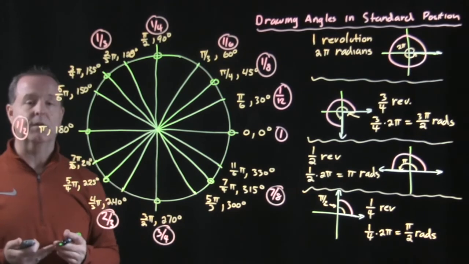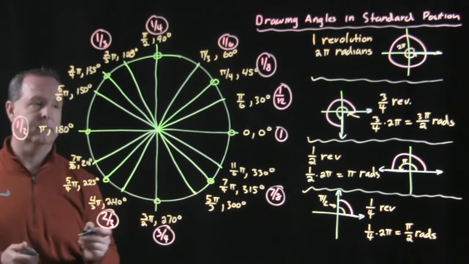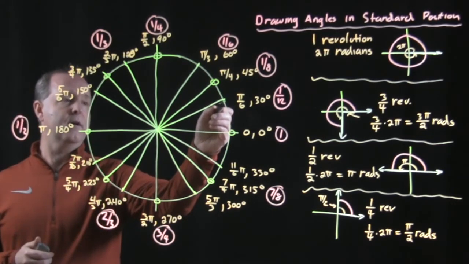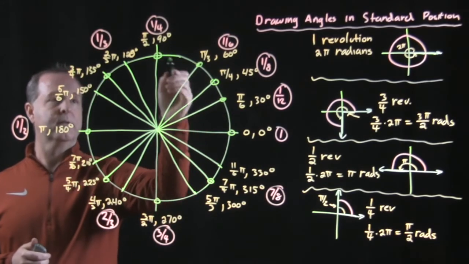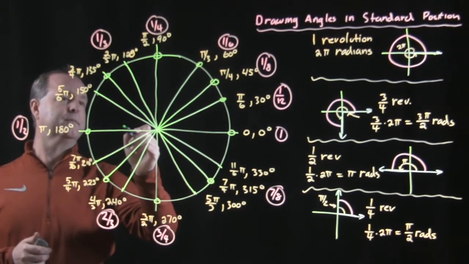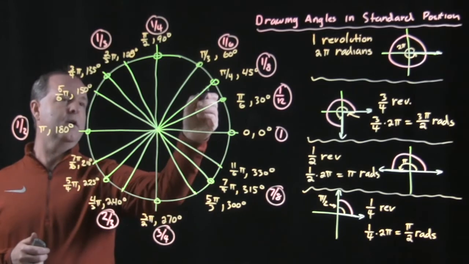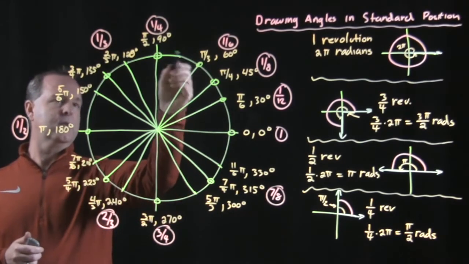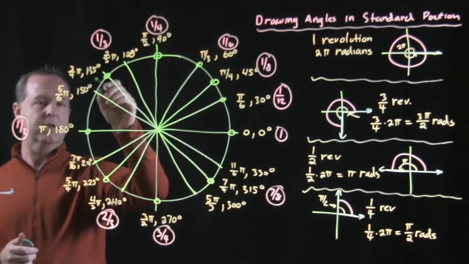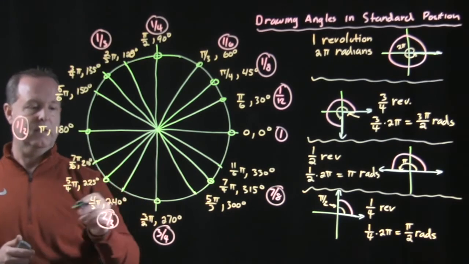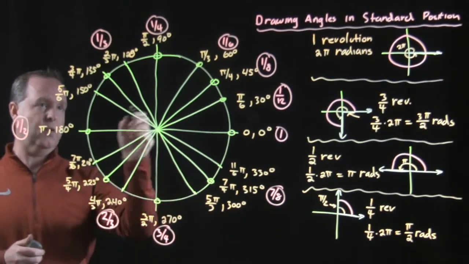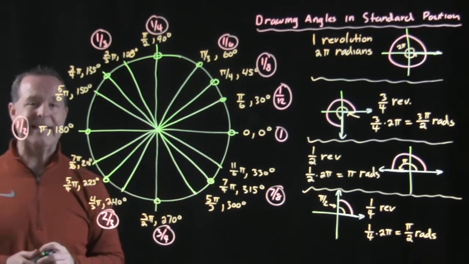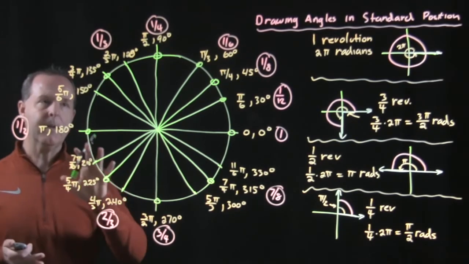Next, I divided the circle up into thirds. I have 1/3, 2/3, 3/3, 4/3, 5/3, 6/3, 7/3, 8/3, and so forth. So I also broke it up into thirds as well.